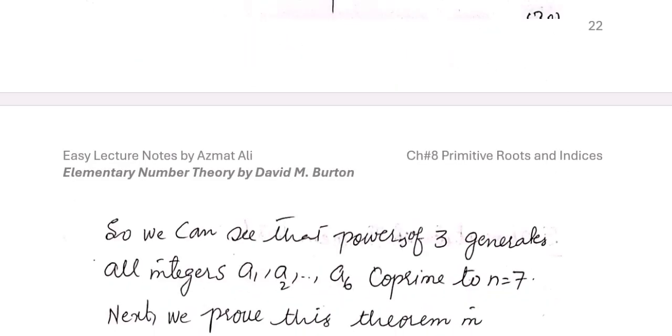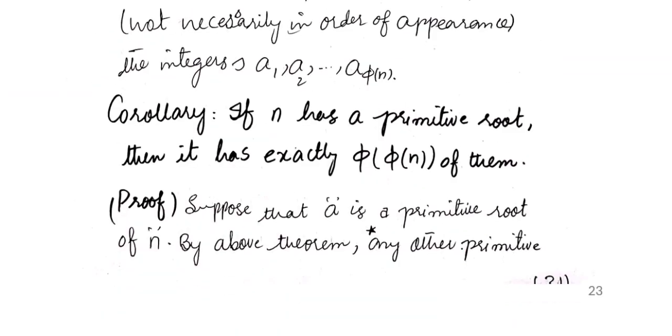Next, we prove its corollary. If n has a primitive root, then it has exactly phi of n of them. Meaning the total number of primitive roots is phi of n. Suppose a is a primitive root of n. Suppose one of the primitive roots of n is a.